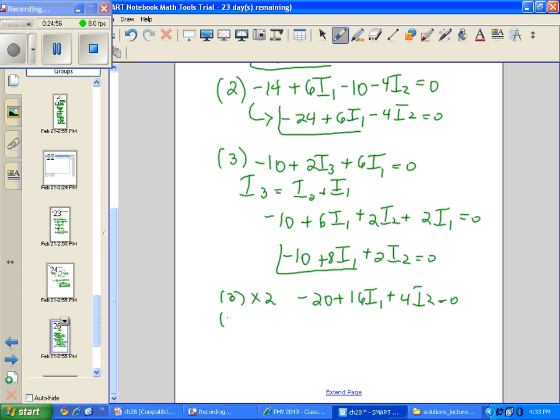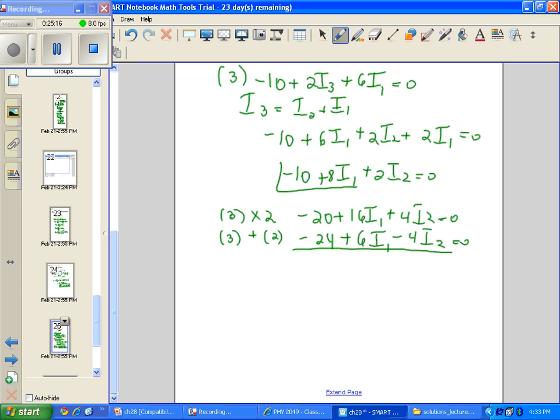Now I'm going to take equation 3 and add it to equation 2. Well, let's go ahead and rewrite equation 2 here. Minus 24 plus 6I1 minus 4I2 equals 0. And you can see what's going to happen here when I add them.